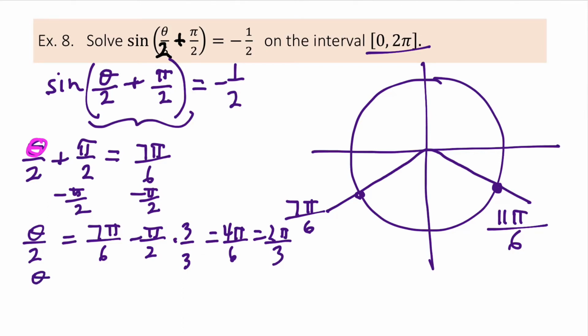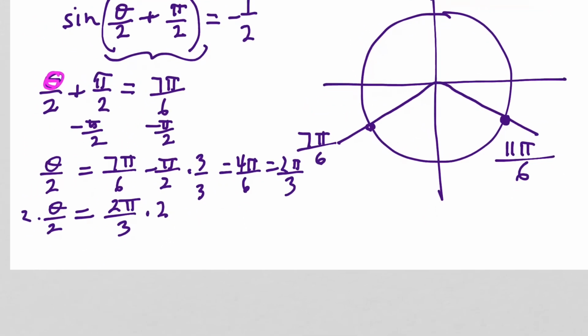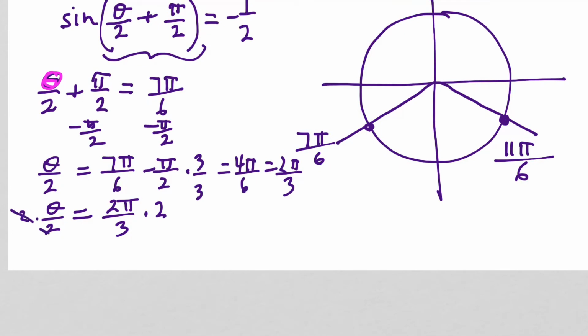So I have theta over 2 is equal to 2 pi over 3. I'm looking for theta, remember, so I need to multiply both sides by 2. That gives me theta is equal to 4 pi over 3.